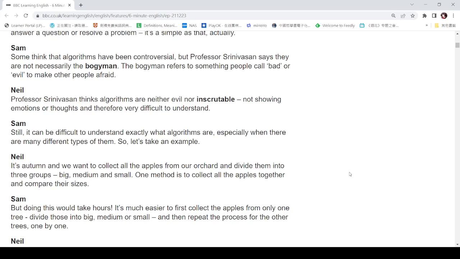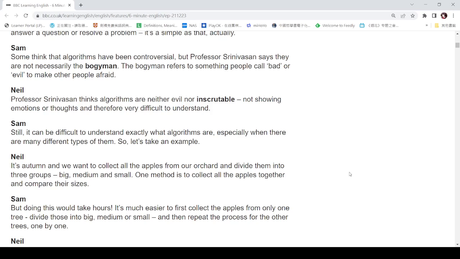Especially when there are many different types of them. So let's take an example. It's autumn and we want to collect all the apples from our orchard and divide them into three groups: big, medium, and small. One method is to collect all the apples together and compare their size. But doing this would take hours.